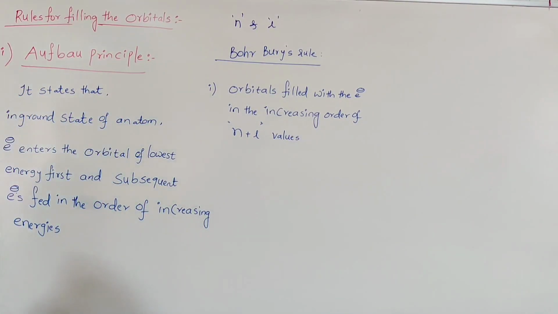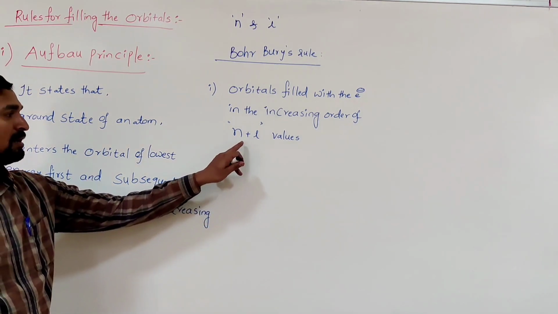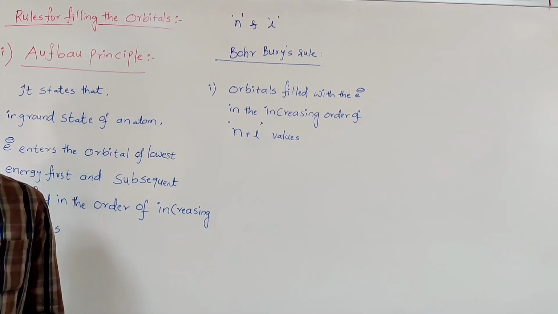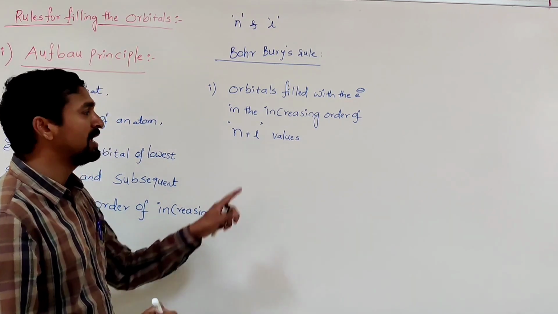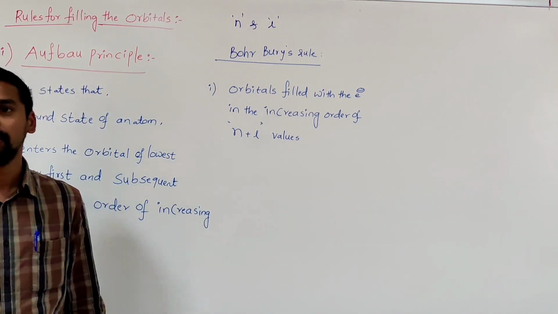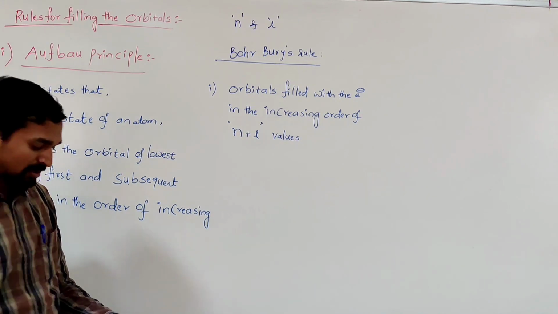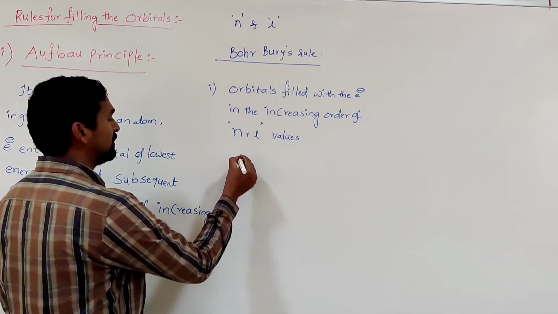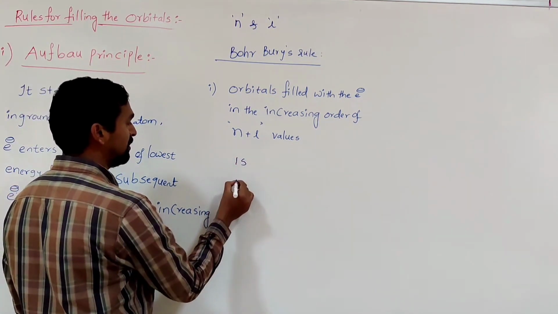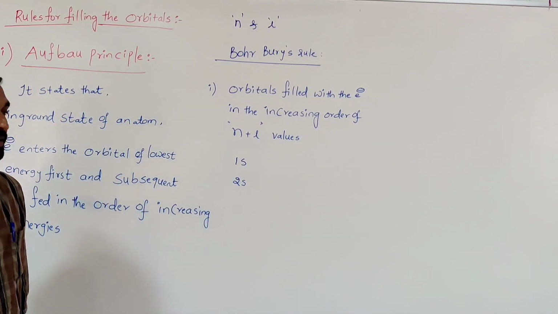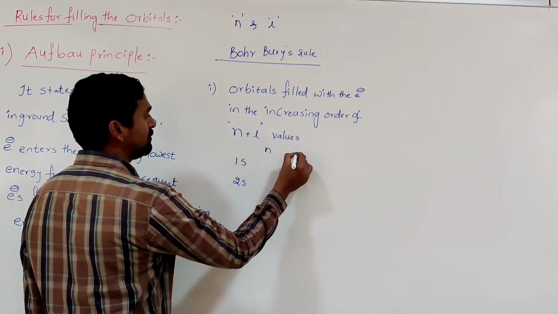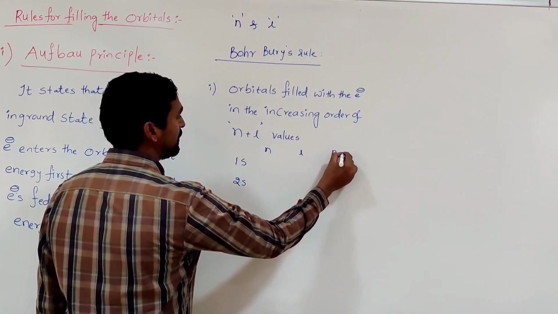And that means whichever orbital is having the lower n plus l value, that is having the lower energy. Whichever orbital is having the higher n plus l value, that is said to be higher in energy. So for example, let us take first the 1s orbital and 2s orbital. Let us compare. So here you can see the n value, l value, and n plus l value.